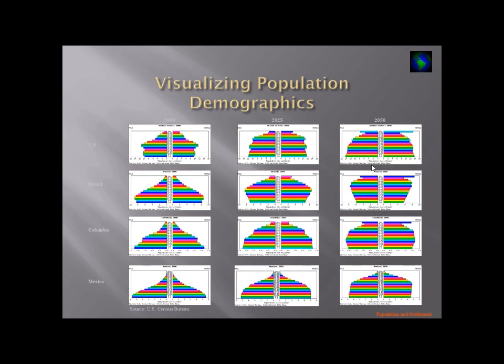Here's some more population demographics that are extended out from 2000 to 2025 to 2050. You're welcome to take a look at them. You can see what's happened in Mexico. Mexico's part of Latin America. Latin America, over the past 20 to 25 years, has slowed its rate of natural increase in total fertility rates and birth rates dramatically.